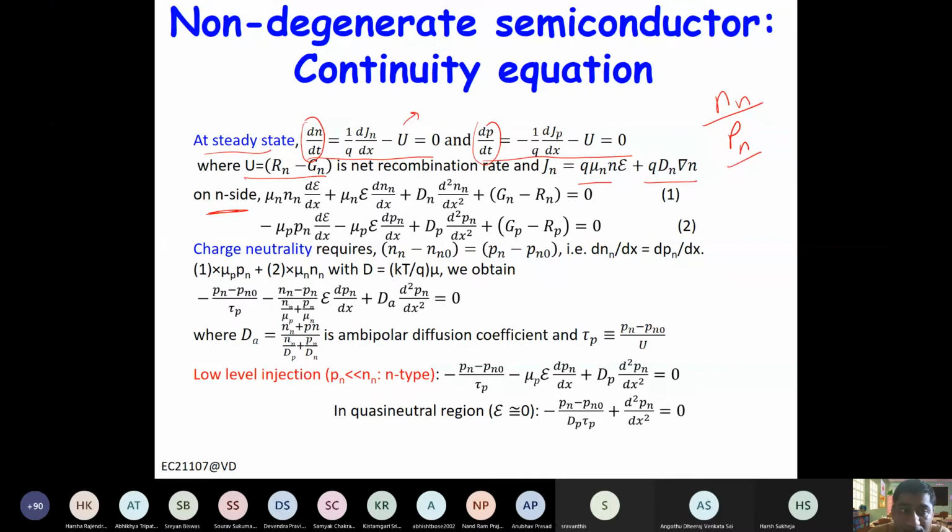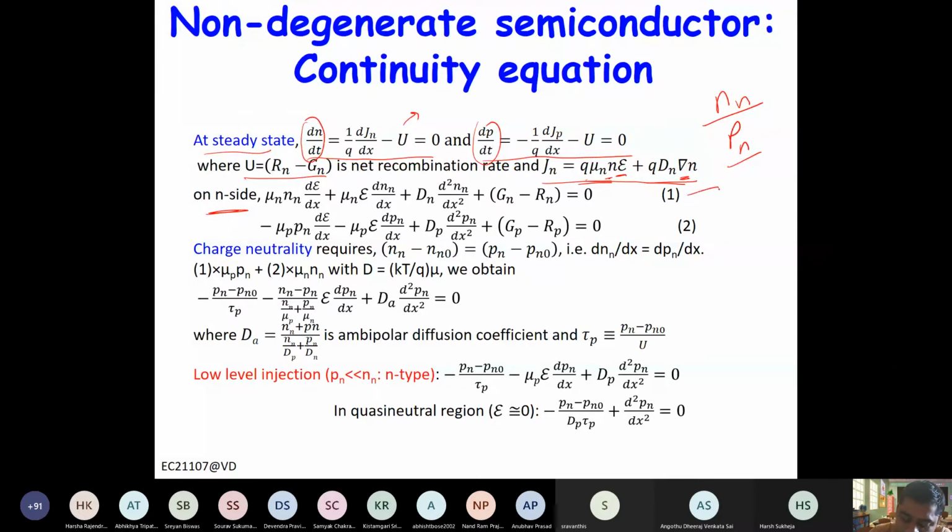When you substitute Jn and Jp in the respective equations, for the first equation, if you substitute Jn, you get 1 by q dJ by dx. So d by dx will give three terms: d by dx, dn by dx, and d2n by dx square. Similarly for holes, you have d by dx, dp by dx, and d2p by dx square, and of course plus generation minus recombination.